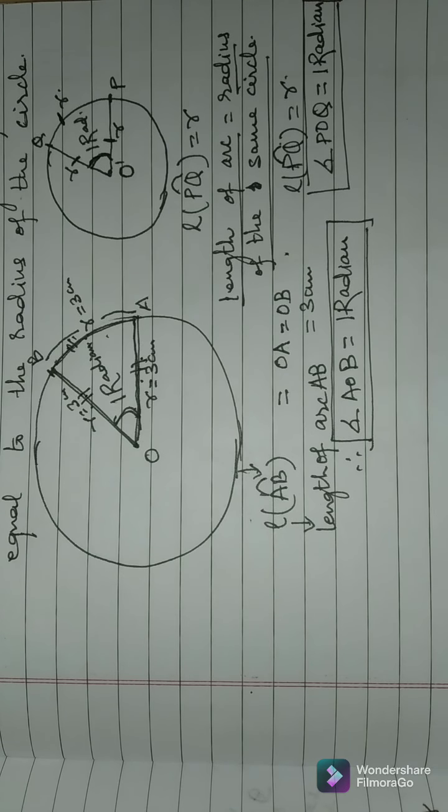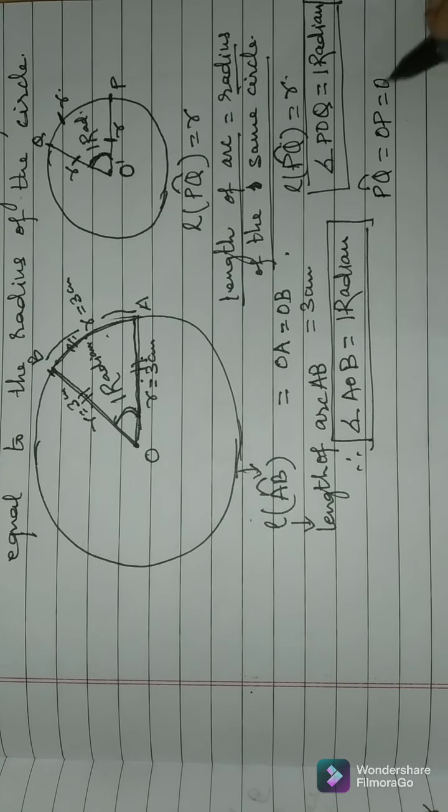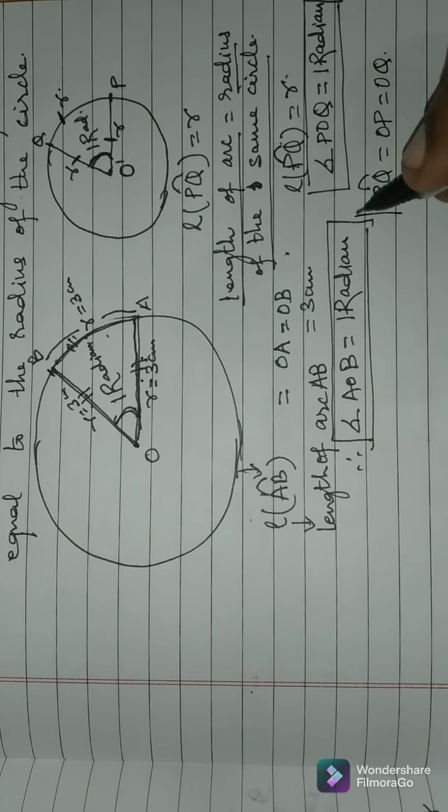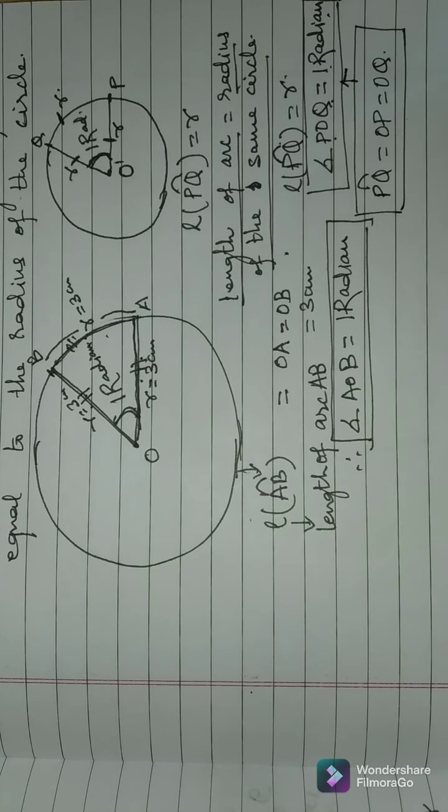So this is the basic condition for 1 radian. Here the length of PQ is equal to OP is equal to OQ. Then angle POQ is equal to 1 radian.